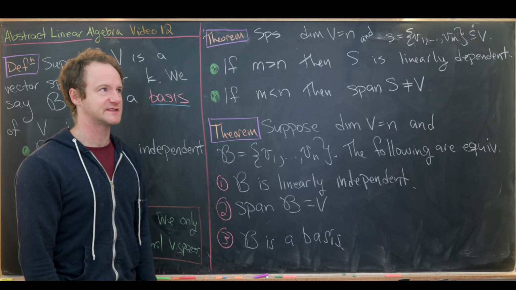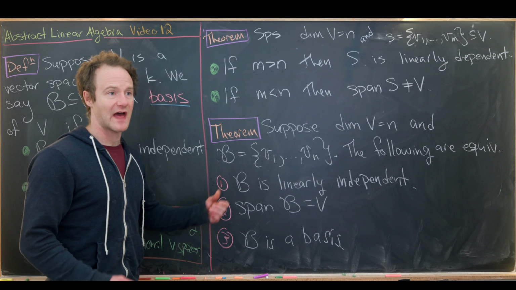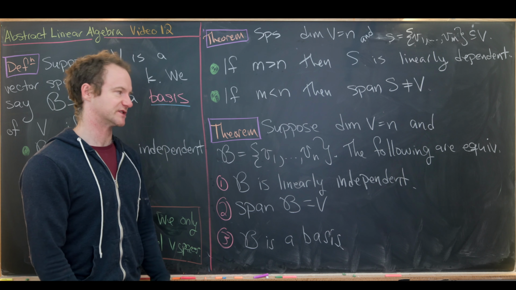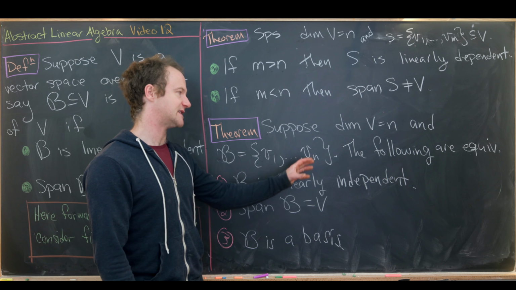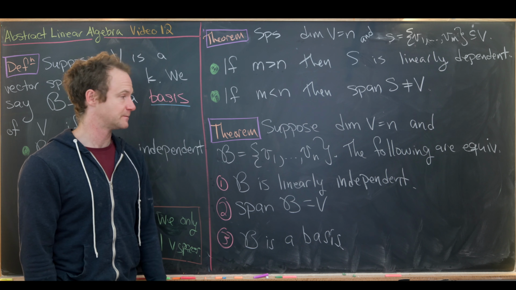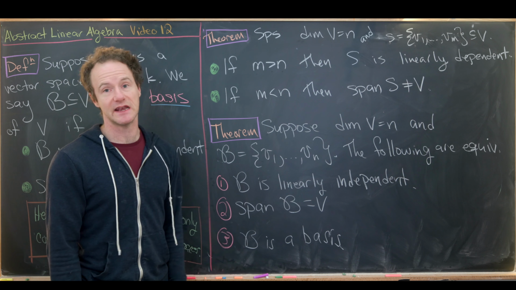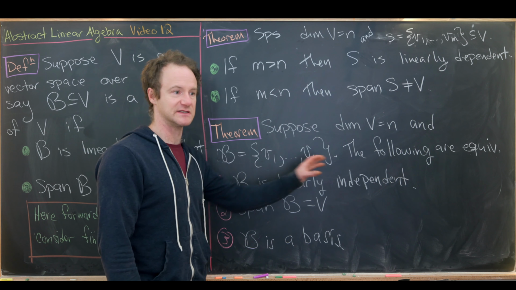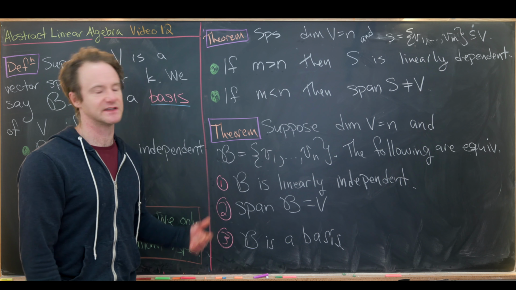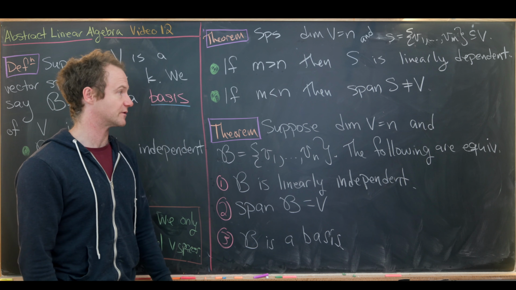And again, the proof of this theorem will rely on that extension-contraction theorem just like before. So if B is linearly independent, it can be extended to a basis, but it already has n elements, and every basis will have n elements, so it doesn't need to be extended at all, which means it's already a basis, and so on and so forth.